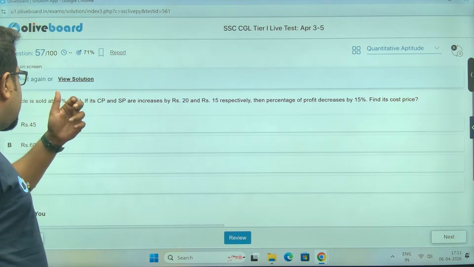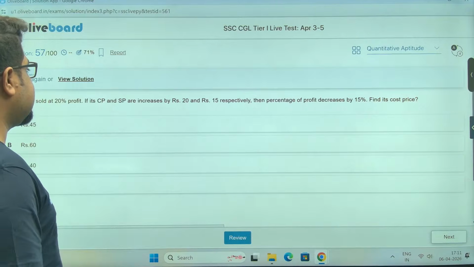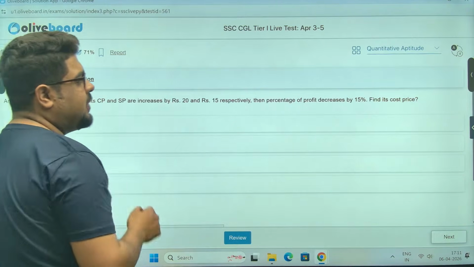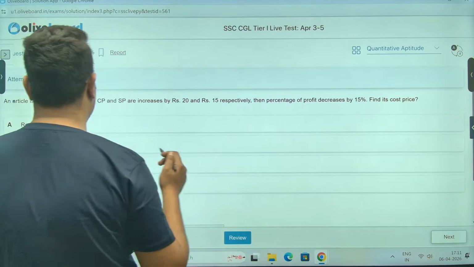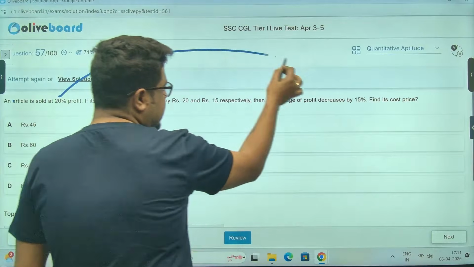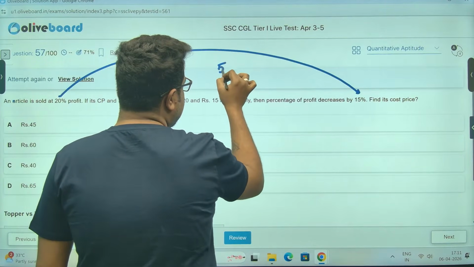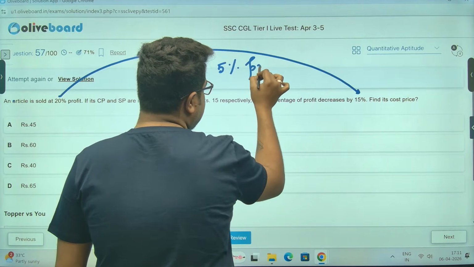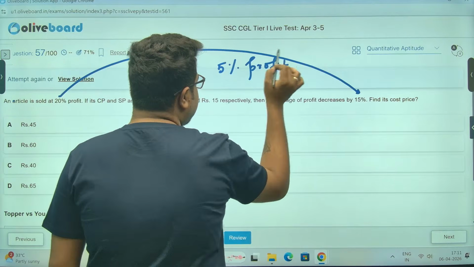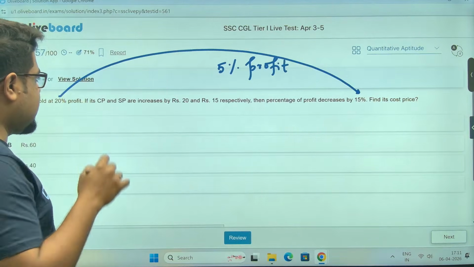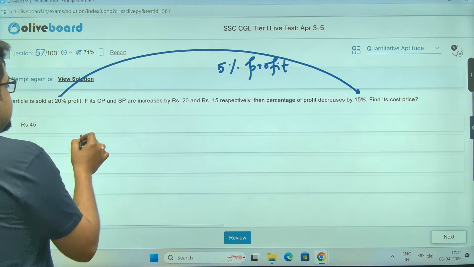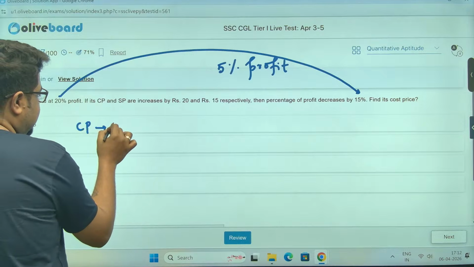Sir, an article is sold at 20% profit. CP is increased, and the percentage profit decreases by 15%. 20% decreases by 15%, meaning now only 5% profit is happening. Simple, make an equation, sir. Initial CP I'm taking 5x.